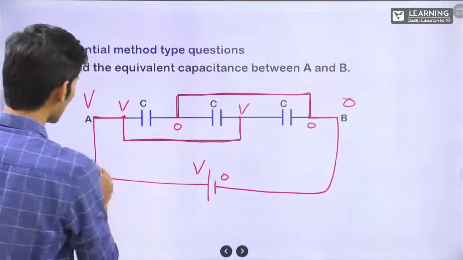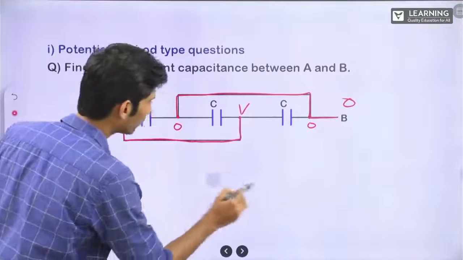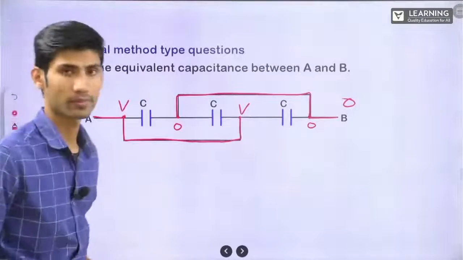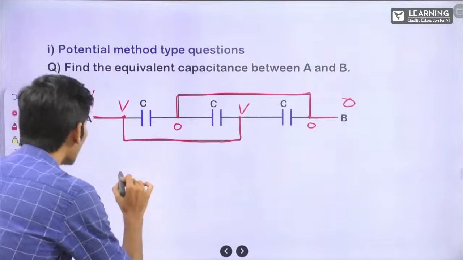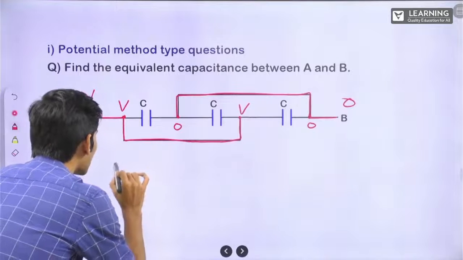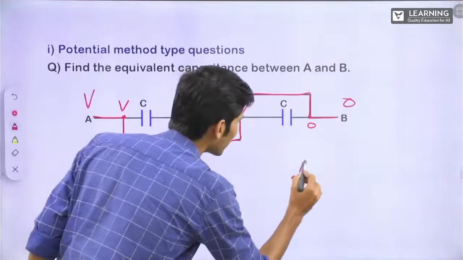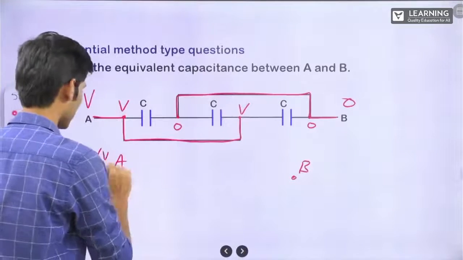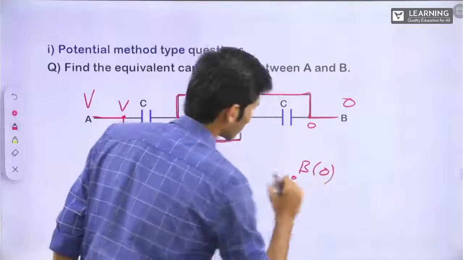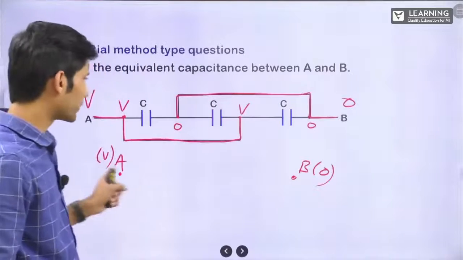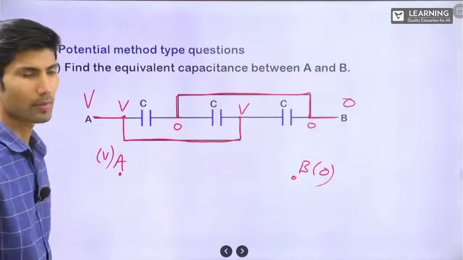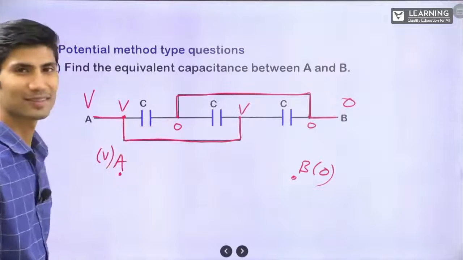Now, if I make an equivalent circuit for this, we have one point A, where the potential is V. We have another point B where the potential is 0. Correct? Now between V and 0, one capacitor is this.